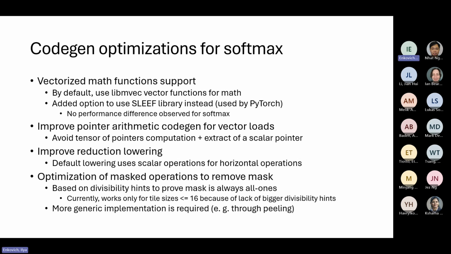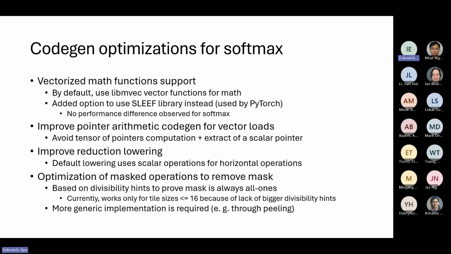And the last optimization we used is optimization of masked loads and stores. In our tiles, we use masked loads and masked stores, but in fact, tensor size is usually divisible by a tile size, so it can be optimized out.